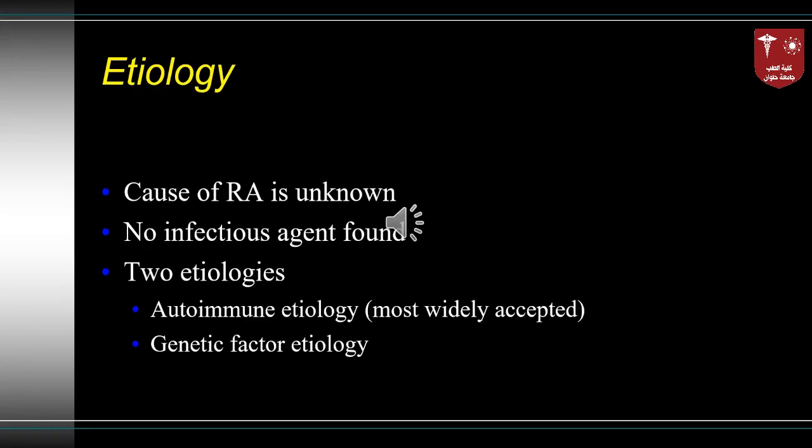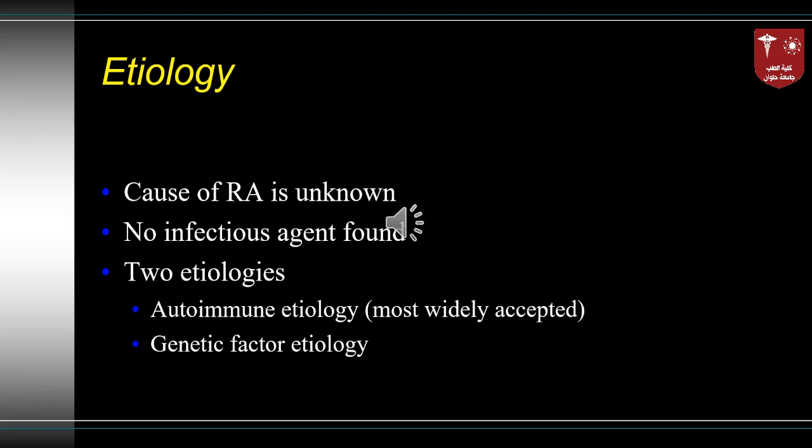Regarding the cause of rheumatoid arthritis, the etiology is still unclear. Two major etiologies are claimed, either autoimmune etiology or genetic factors, and they may both participate in the etiology and the pathogenesis.